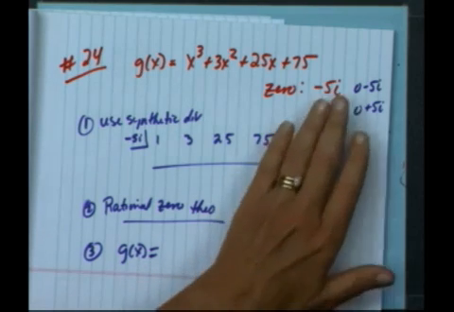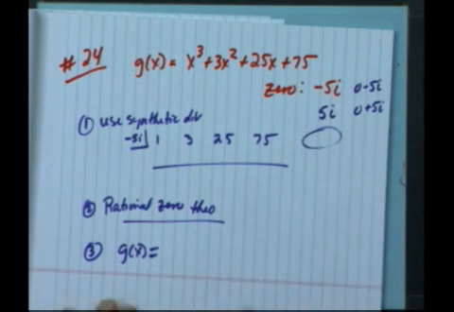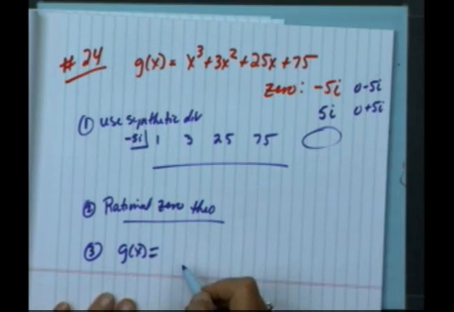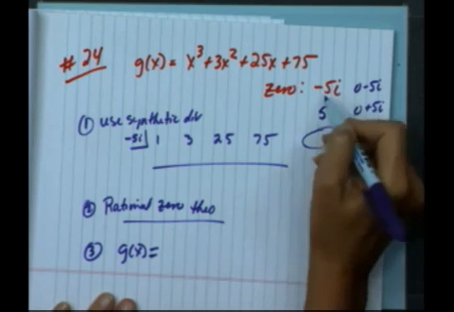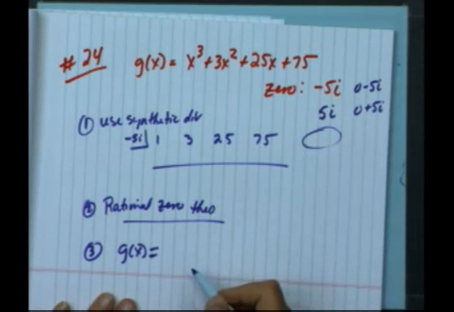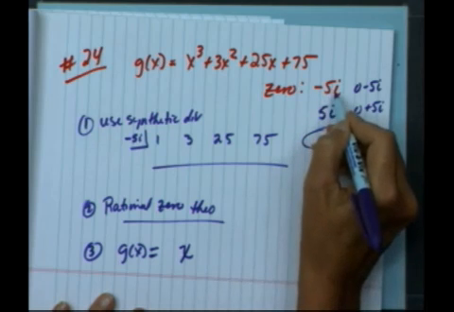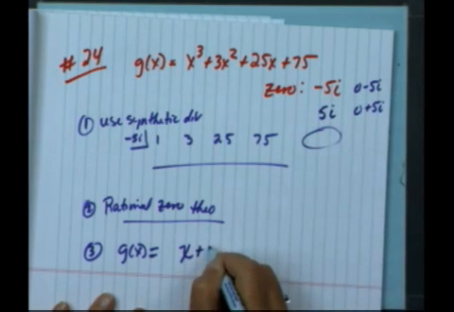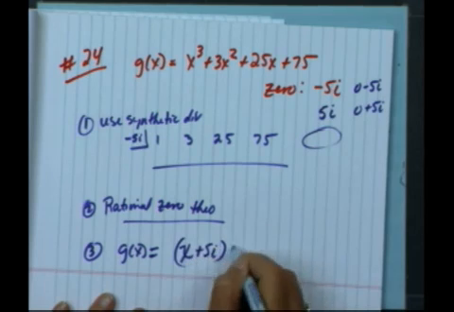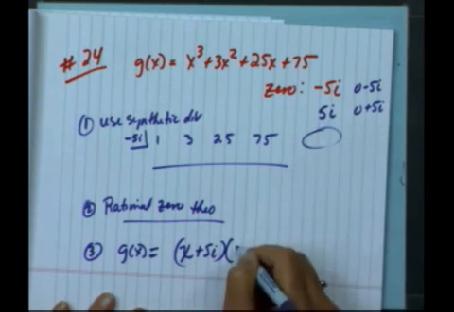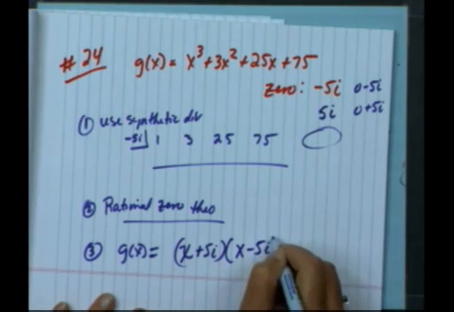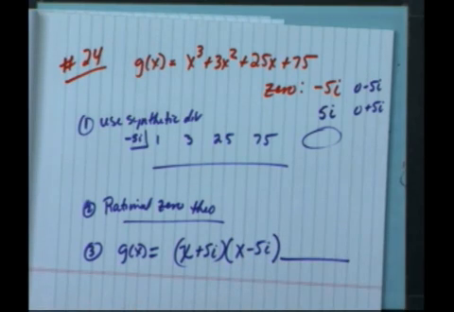If I told you these are zeros and you wanted to start factoring, what would it look like? If this is a zero, what is a factor? Positive 5i. Or x plus 5i. Okay, x minus negative 5i is plus 5i, and x minus 5i, and then there has to be another factor there, right?